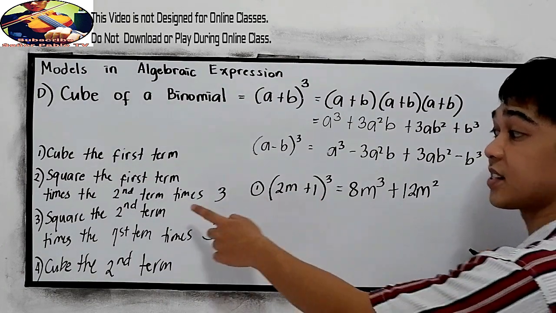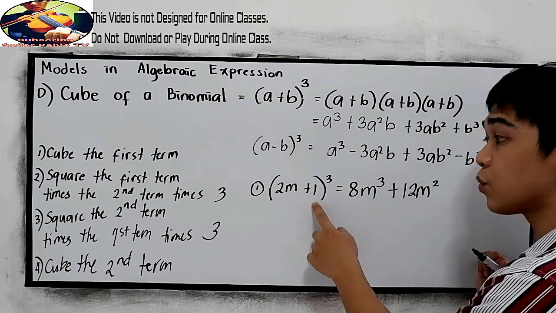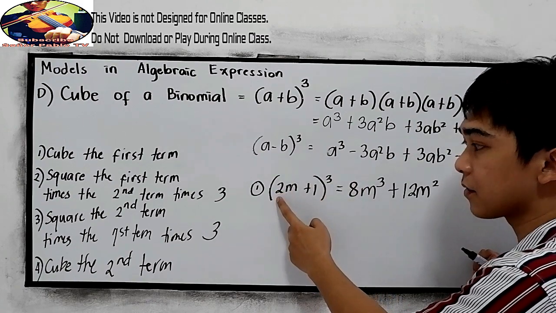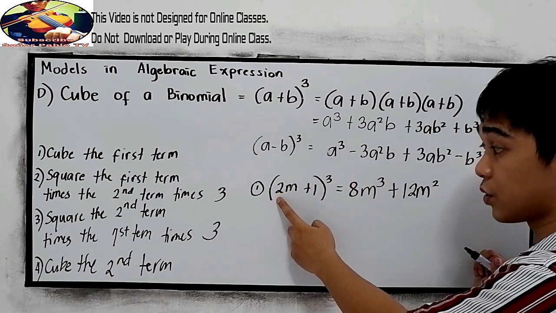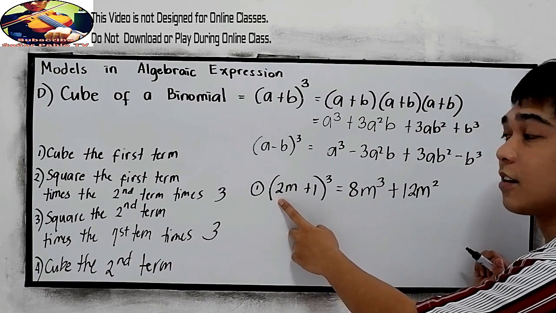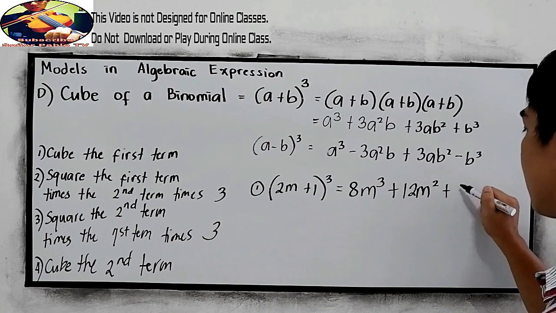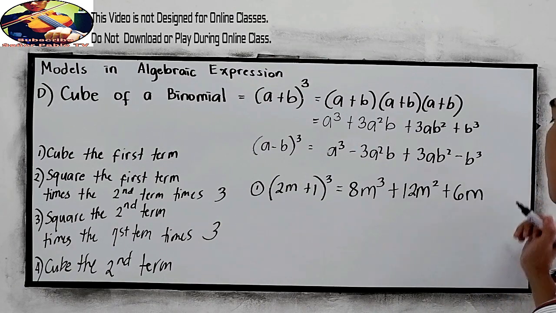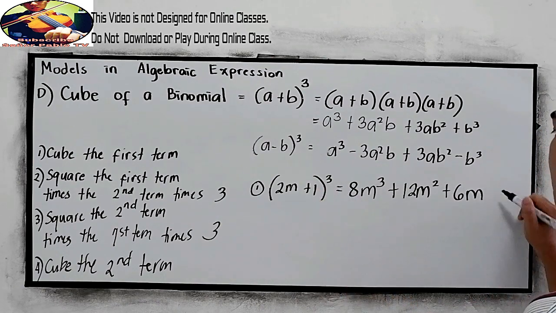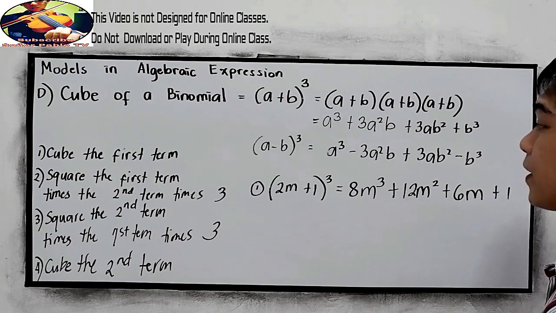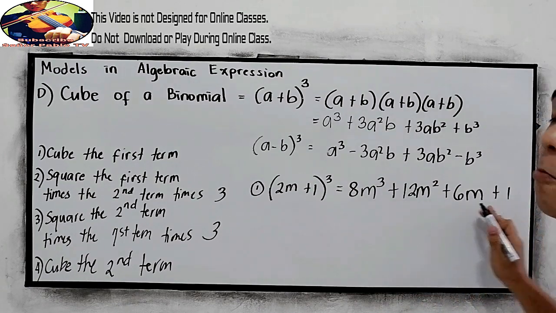Then square the second term. 1 squared is 1 times this first term, which is 2, times 3. 2 times 3 is 6m. And cube the second term, plus 1. This will be the product.